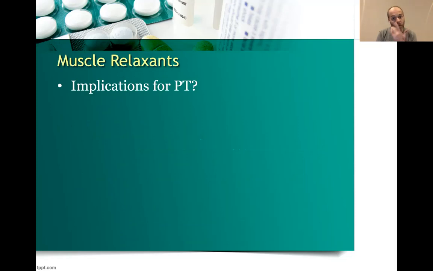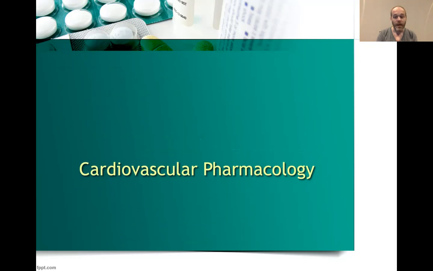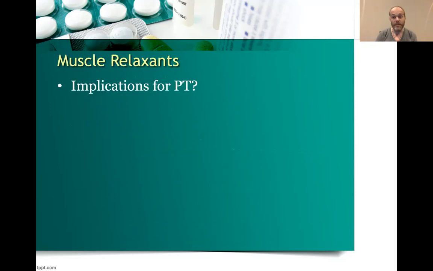So what do you have to look out for when people are on muscle relaxants? Sedation, hypertension, maybe some bradycardia, maybe some disorientation, maybe a little bit of confusion if they've already got some cognitive impairments from their injury and now the medication is doing it on top of that.